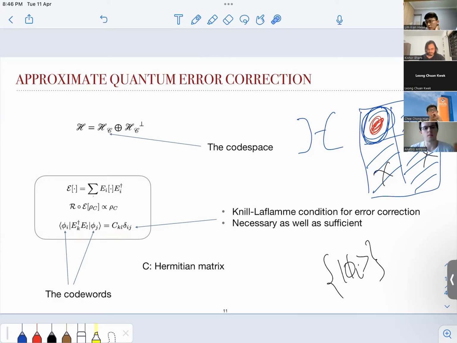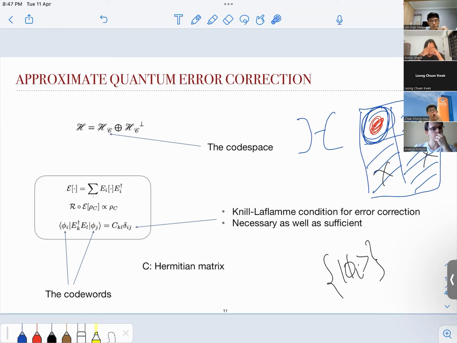Why should this be the condition? The proof for this you can look up in Nielsen and Chuang, but intuitively, this delta function is just to make sure that errors happening on orthogonal states should be distinguishable.